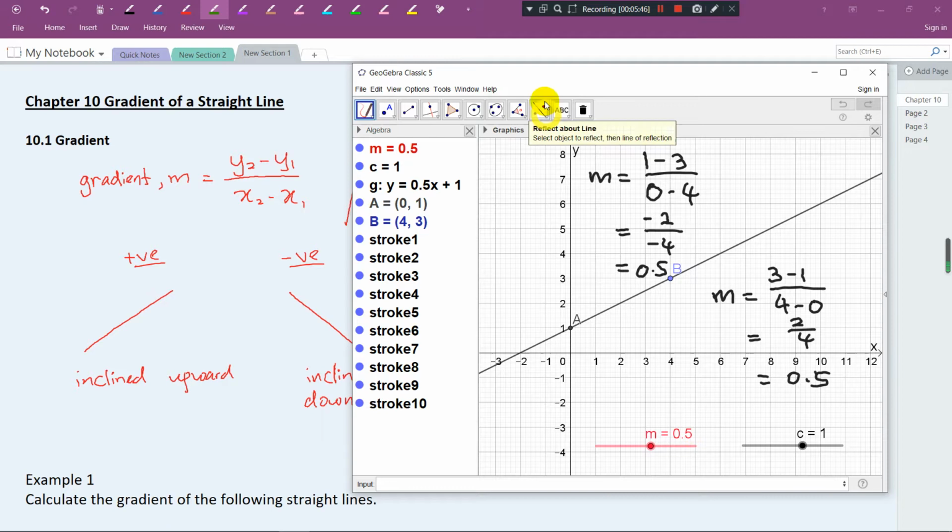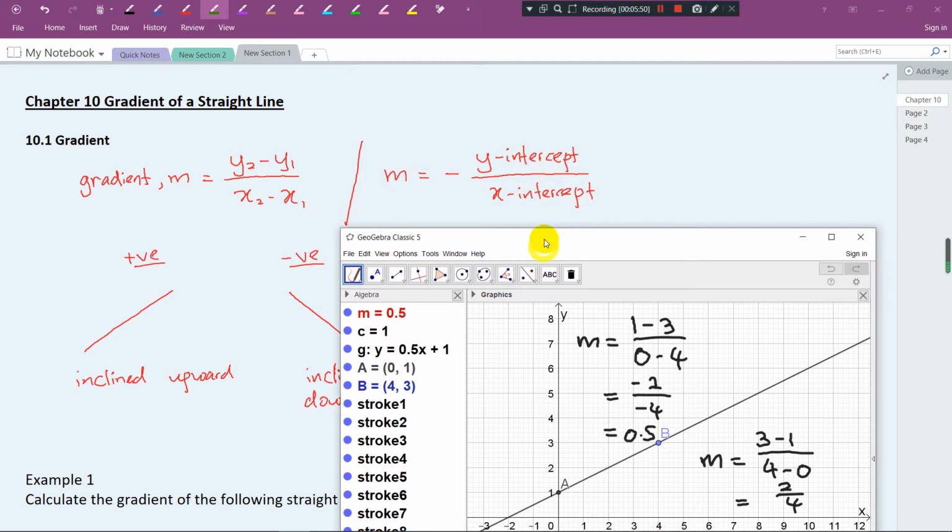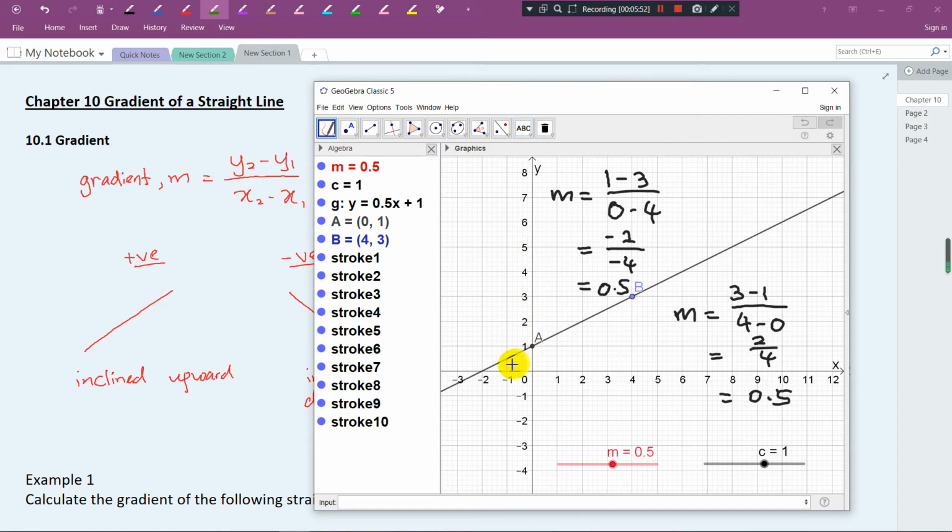How about now we try the other formula, which is negative y-intercept over x-intercept. Since from this diagram we have the x-intercept and y-intercept, we can use this formula.